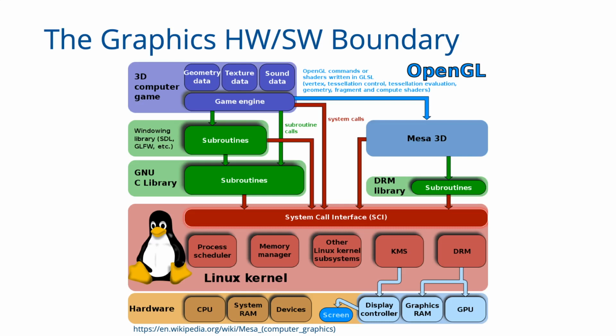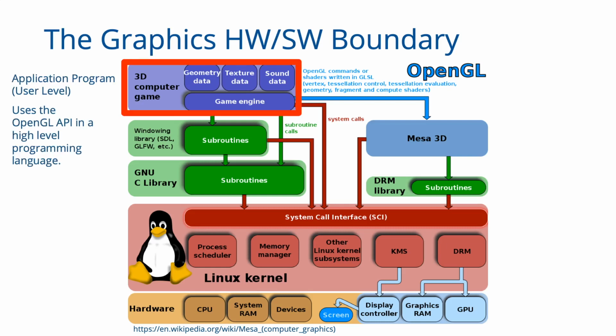So what are these, and how do they talk to the hardware, that is your GPU? So you start by writing an application program, which in this diagram is, say, the 3D computer game. This game uses the OpenGL API in some high-level programming language. So say C++. So say this is your assignment code, which is your application program that is going to use the OpenGL API in C++, right?